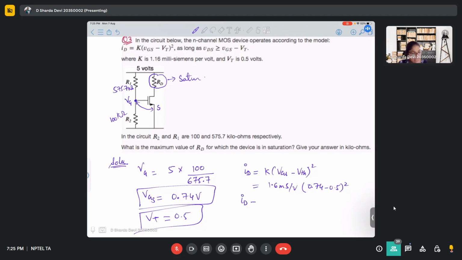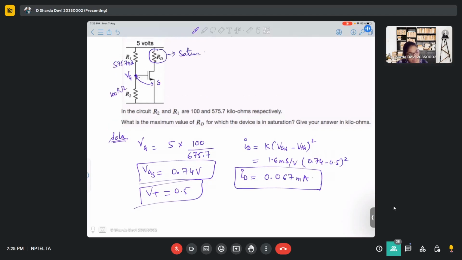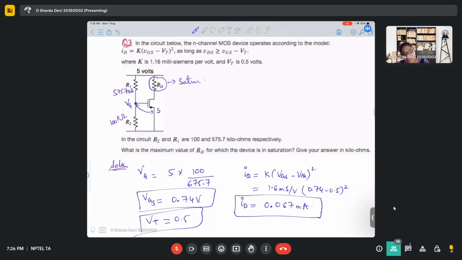The current that we'll get after solving this equation is 0.067 milliamperes. So this is the current that is flowing through your transistor.